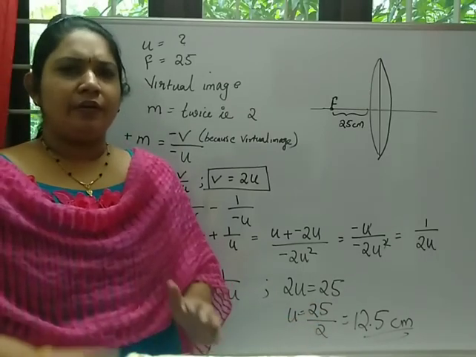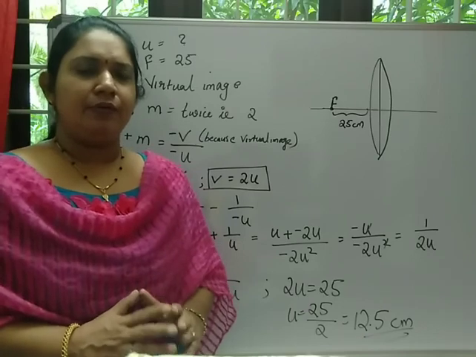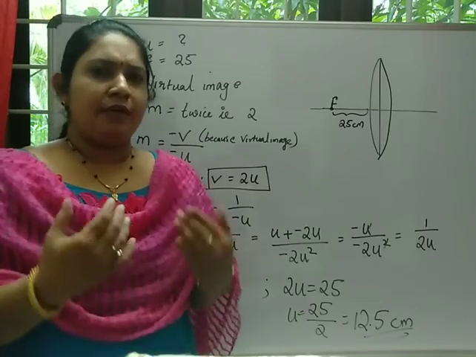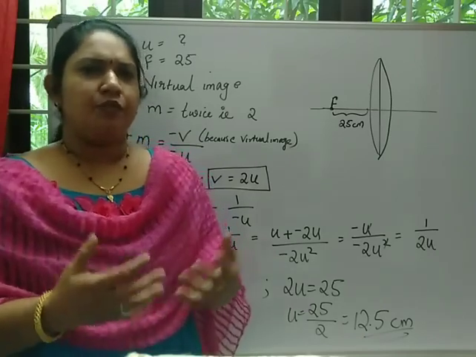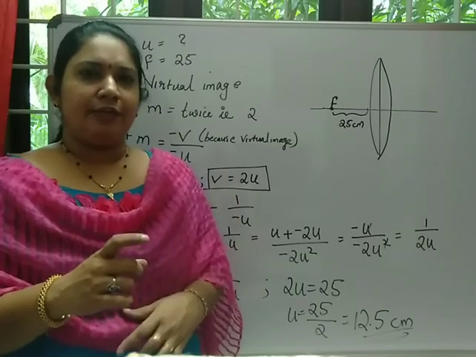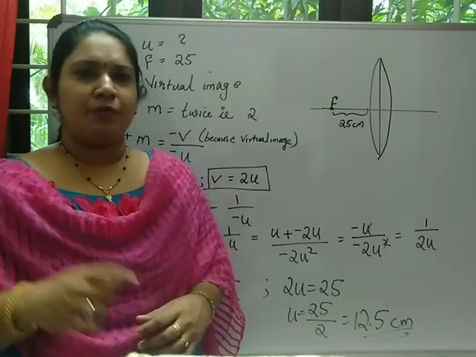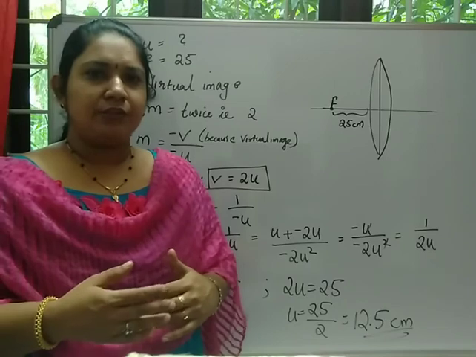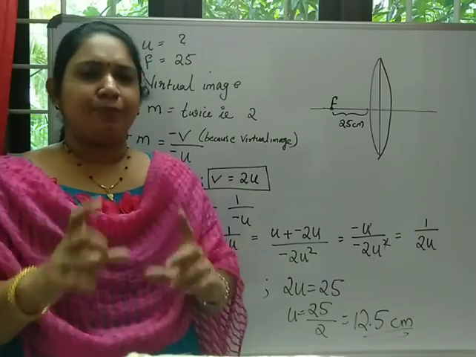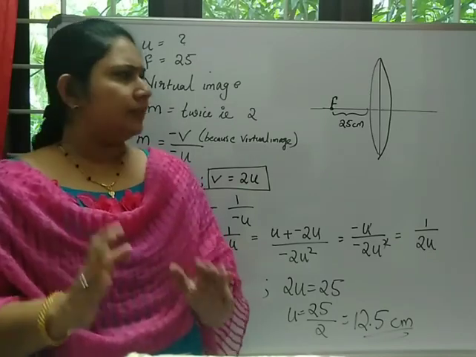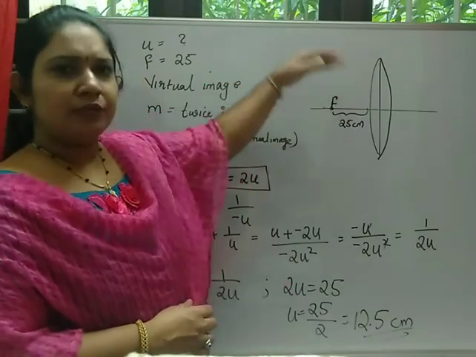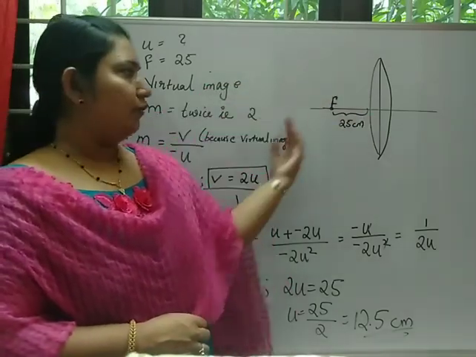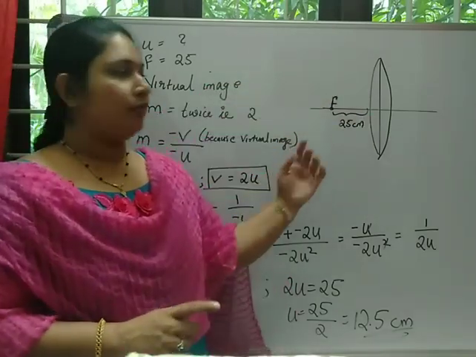Now I think all your confusions are cleared for doing the numericals. If you have any further confusion, please see the video on the rules in the first portion, watch it again and you will get clarity. Or else just keep in mind, above positive, below negative. In front of the lens, negative.